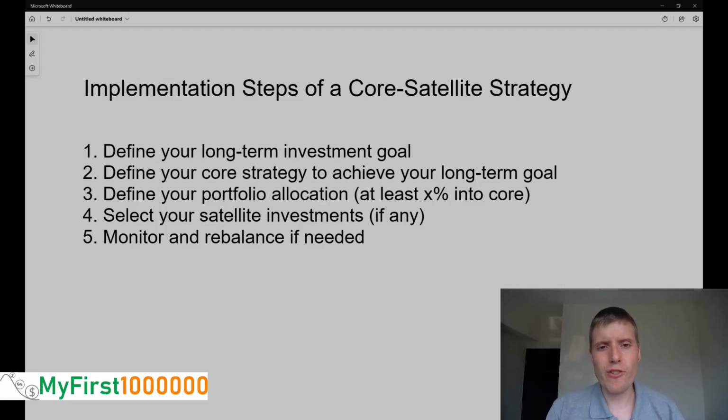And the last step will be to revisit over time how your portfolio distribution looks and take rebalancing into consideration if needed. If your satellites are getting too big, maybe you want to focus more on your core. If your core is bigger than you usually would have wanted to allocate toward your core, maybe you can put a little bit of your spare money towards your satellite.